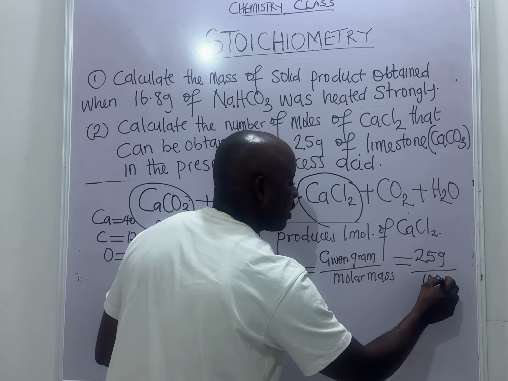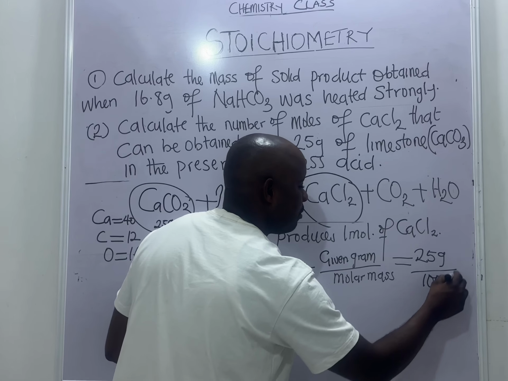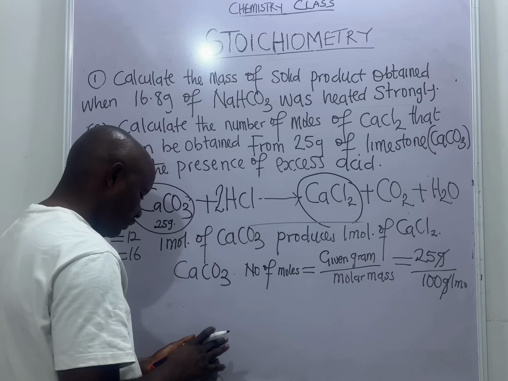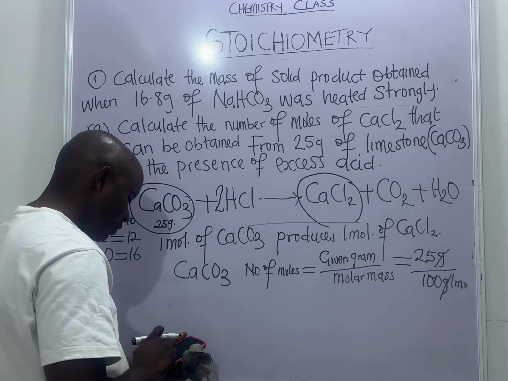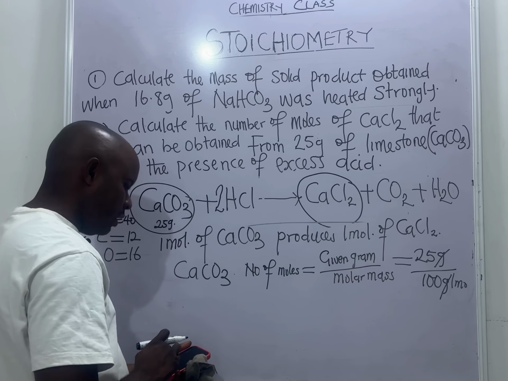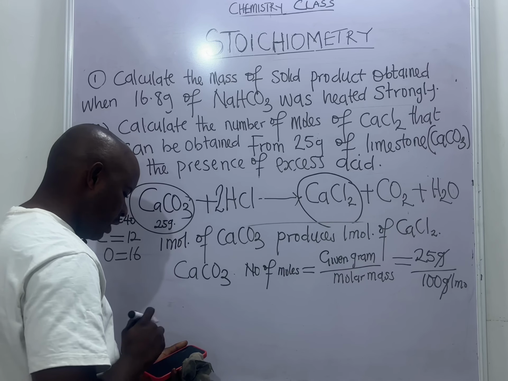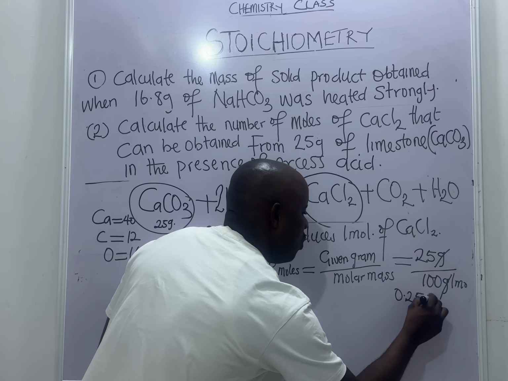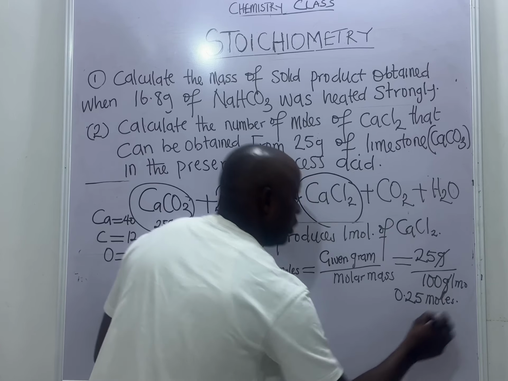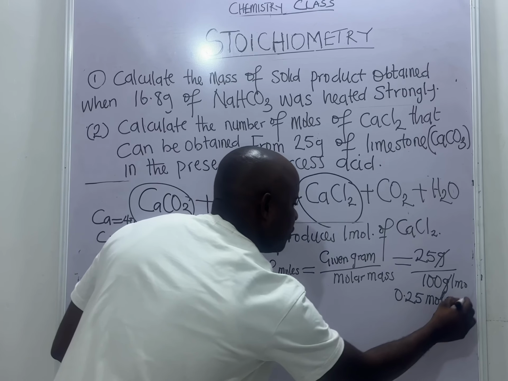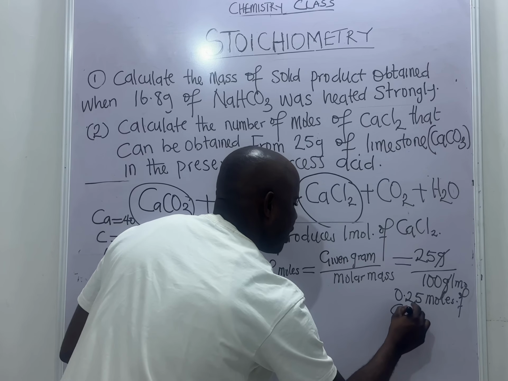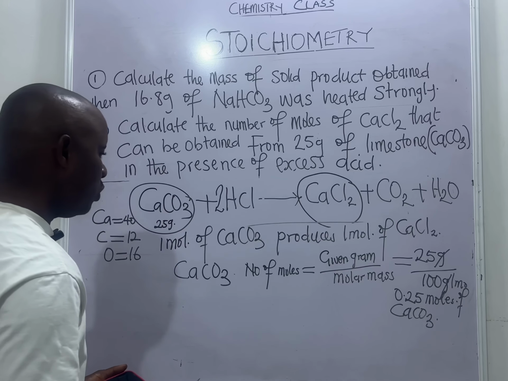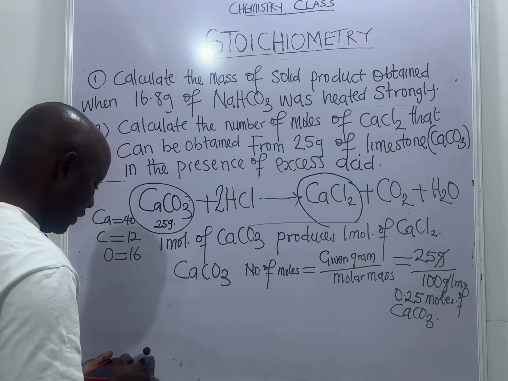What is the molar mass of calcium carbonate? It is 100 grams per mole. So gram cancels gram, and here we have 25 divided by 100. I'm going to have 0.25 moles of calcium carbonate.